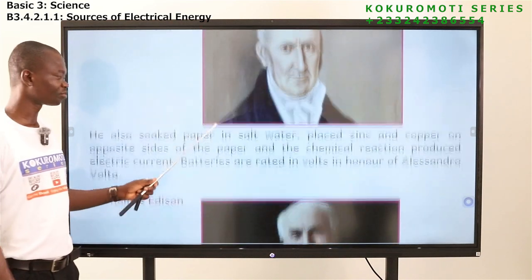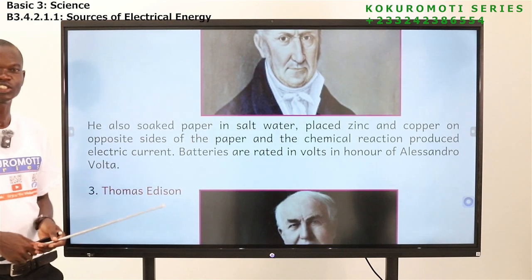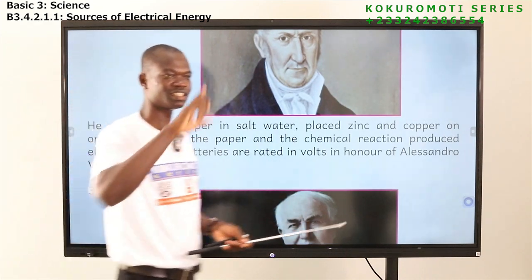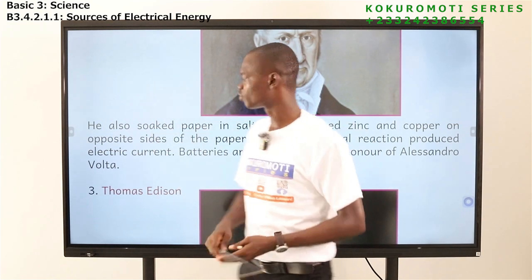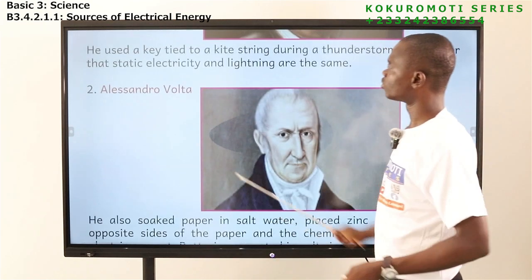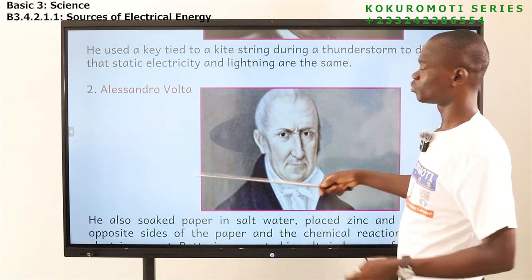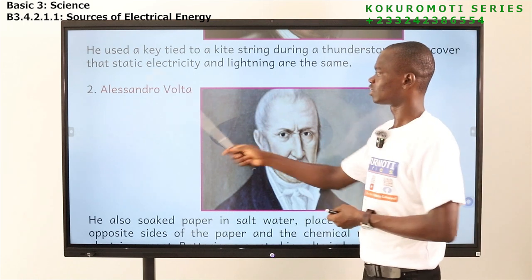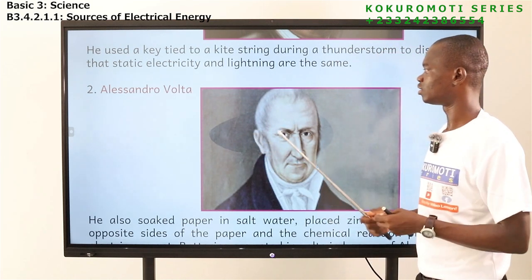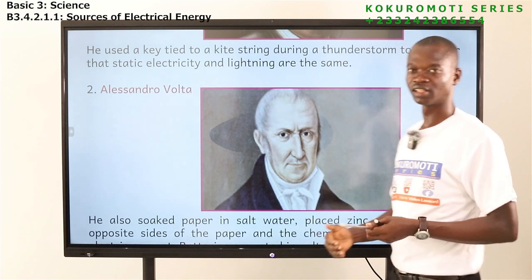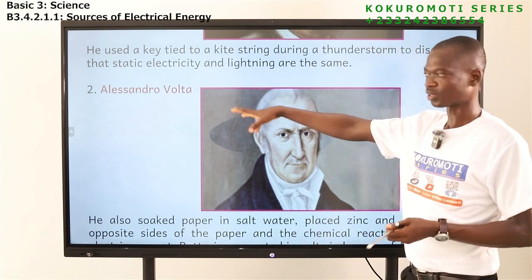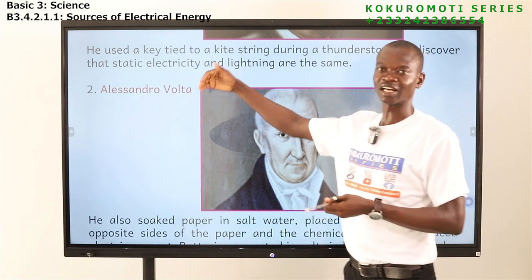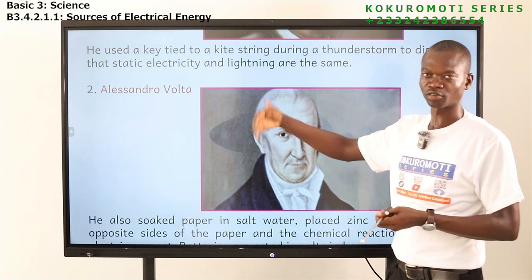So if you buy a battery, you see the number of volts. That volt comes from the word Volta. Because of Alessandro Volta, they rated batteries using his name for the rating.